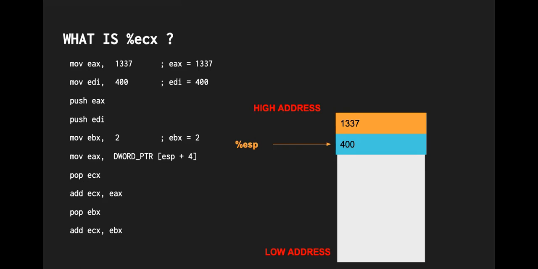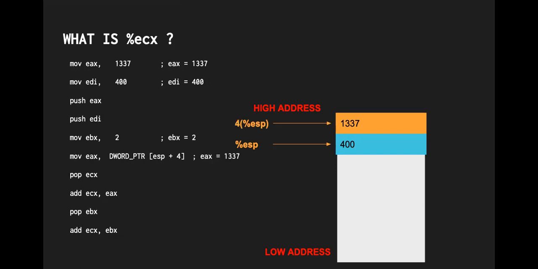Yeah. So keep in mind that ESP is an address, right? So ESP is basically a pointer to the top of the stack. So if we're doing ESP plus 4, that's going to point to 1337. And if we call dword pointer on it, dword pointer is going to look into that address, copy the values stored at that address, and then store it into EAX. That's essentially what it does. So yeah, you're right. EAX is now equal to 1337.